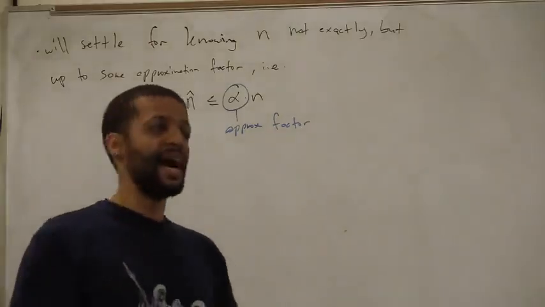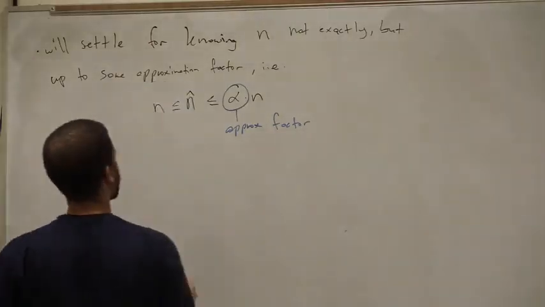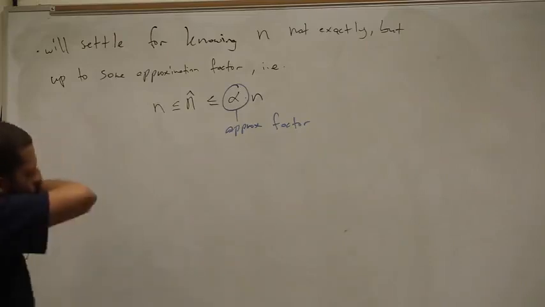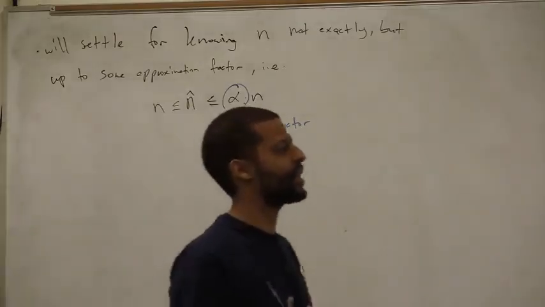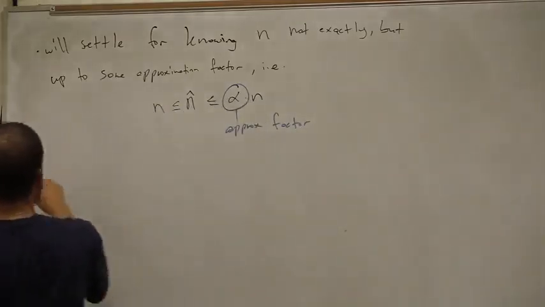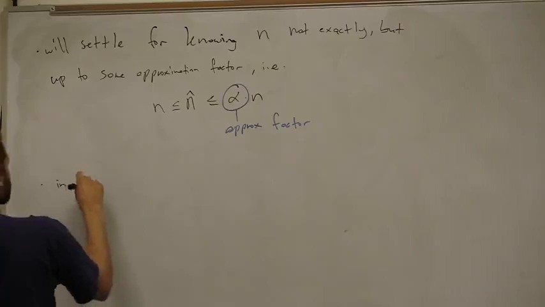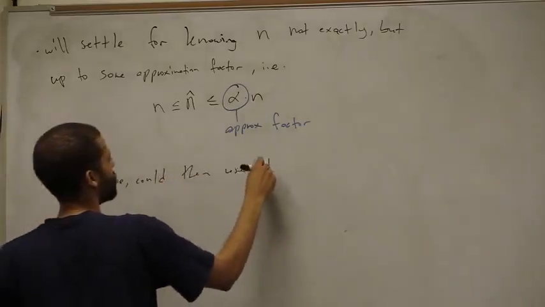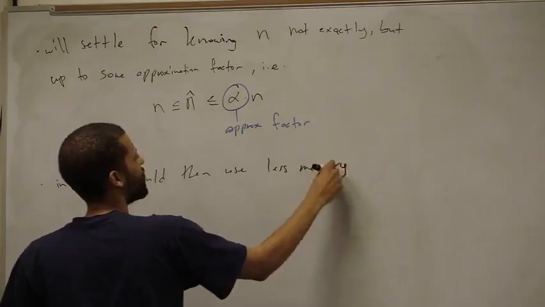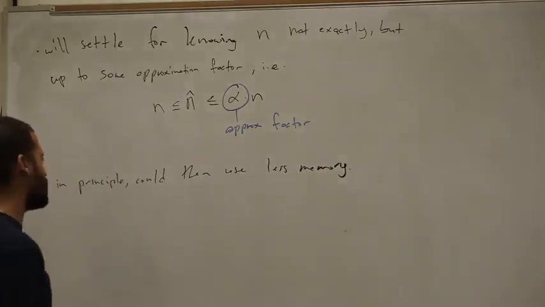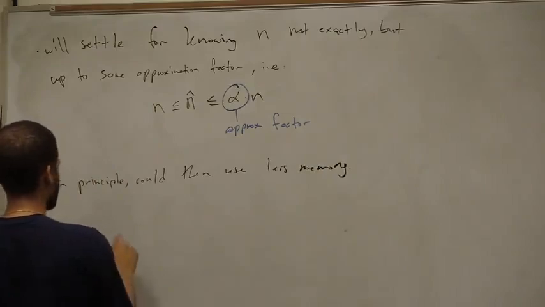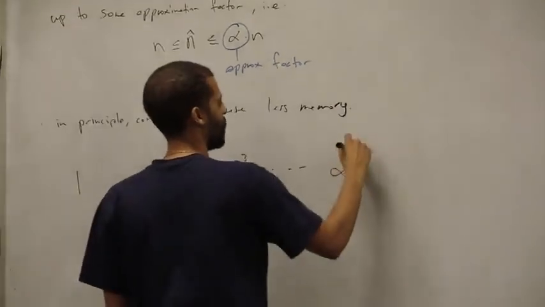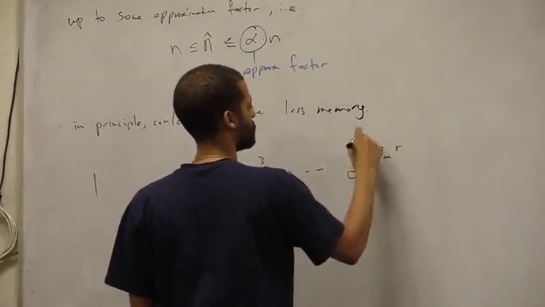So if we only want to know that, then I don't necessarily need to use log n bits of memory, because I could do the following. In principle, I could use less memory, because if all I know is that the answer is between 1 and r, let's look at the following numbers: 1, alpha, alpha squared, alpha cubed, all the way up to alpha to the log base alpha of r.